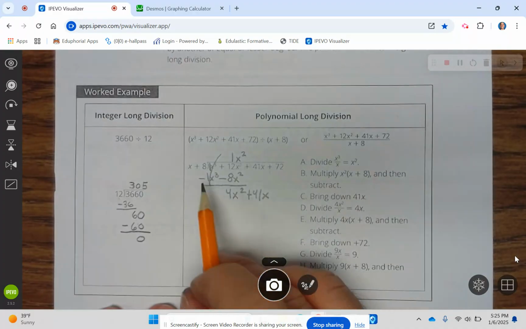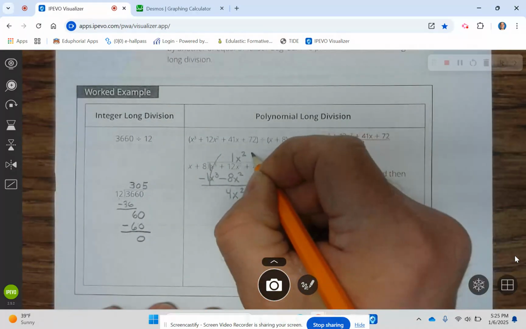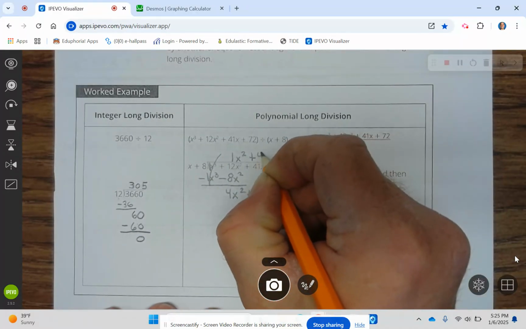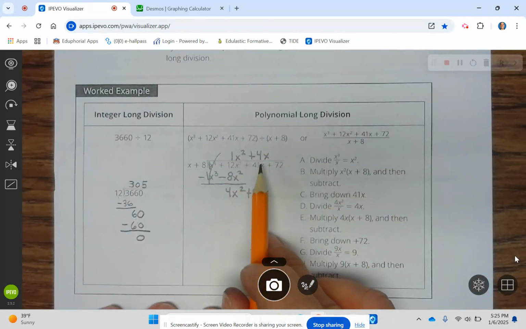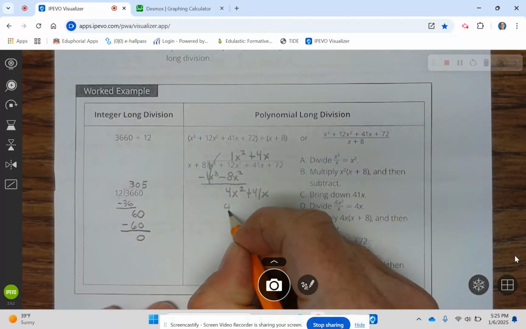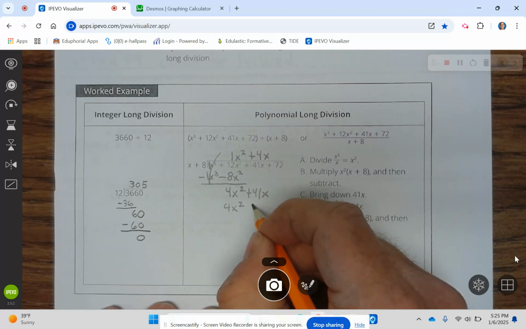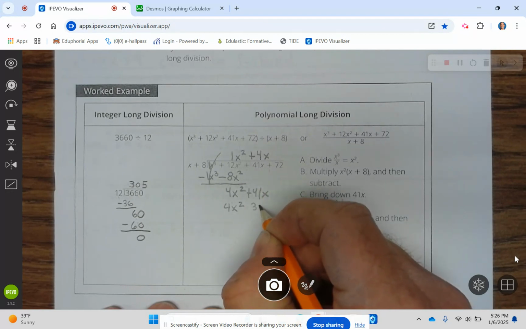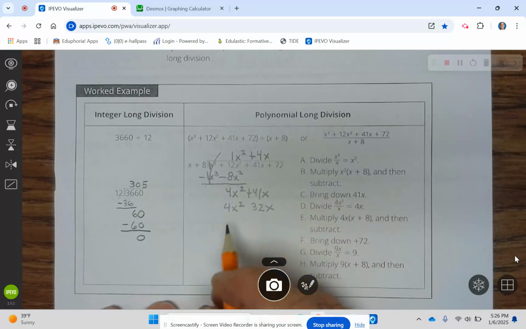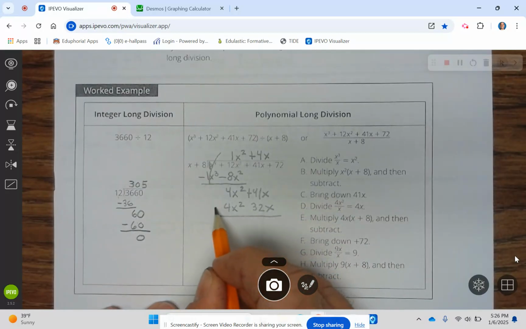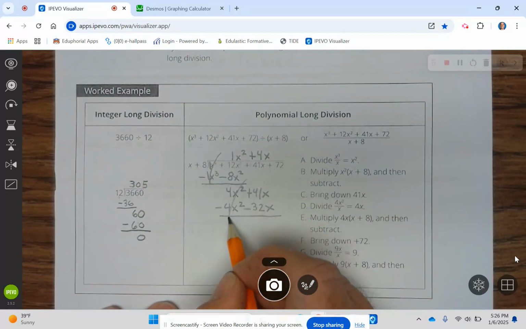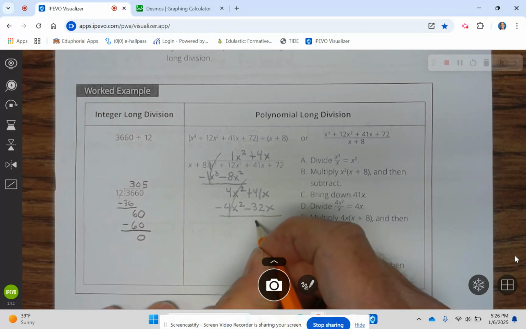Now we ask ourselves, what do you multiply x by to give you 4x squared? The answer to that is plus 4x. And now we multiply. 4x times x is 4x squared. 4x times 8 is 32x. And then we subtract. This cancels. 41x minus 32x is 9x.